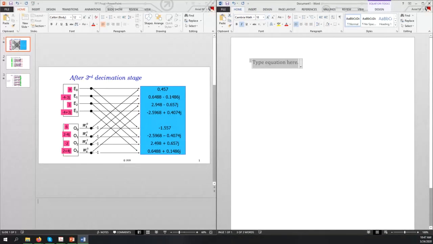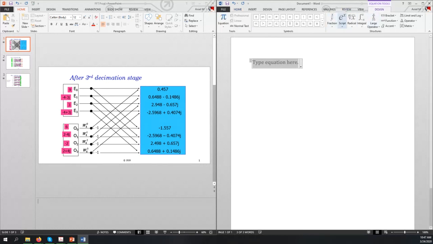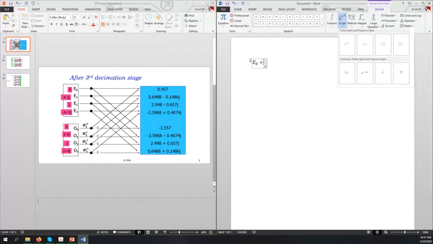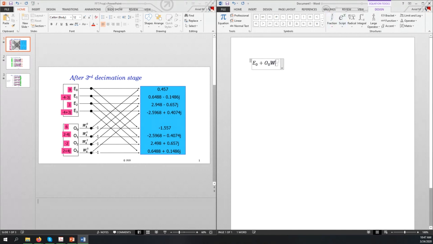So our first equation, when we watch it here, is going to be E naught plus O naught multiplied by W8 naught is going to be equal to 0.457.